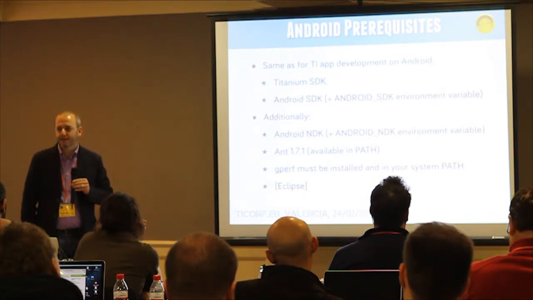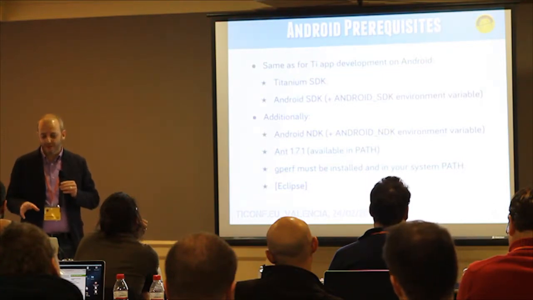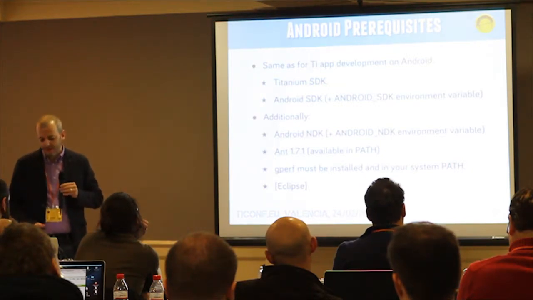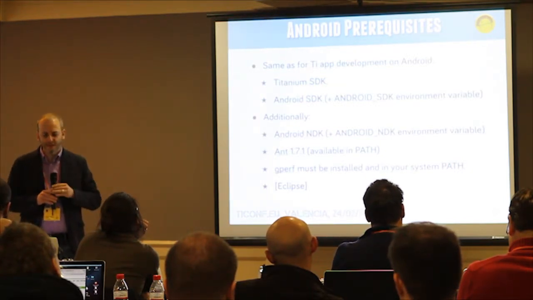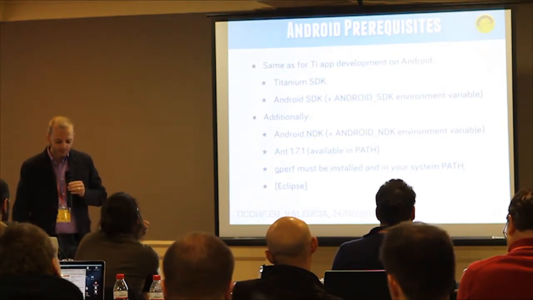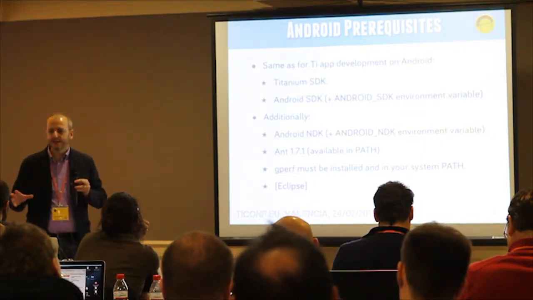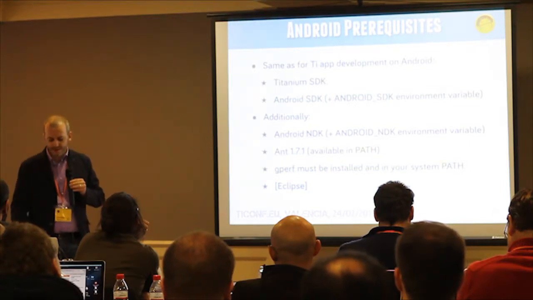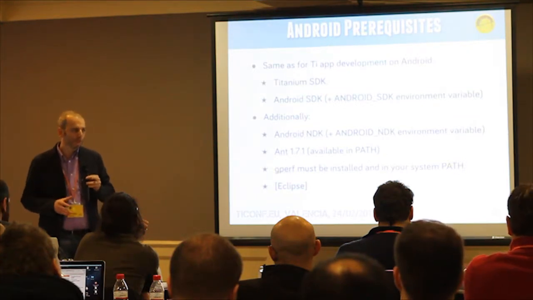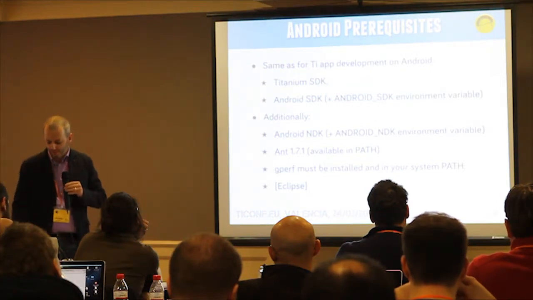On Android, we need the Titanium SDK, the Android SDK, but also additional tools which are the Android NDK, which is the native development kit, a tool which is called Ant, and a command line tool, which is Python. Basically, we need these kind of tools installed in our system and available in our path. Possibly, we also use Eclipse for editing and building of the modules.